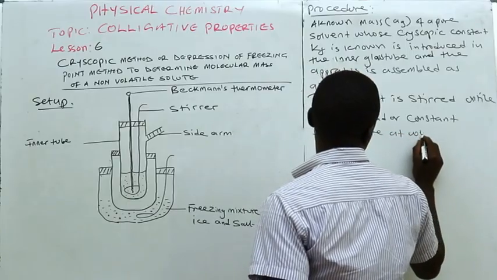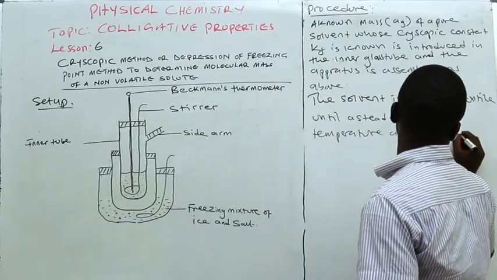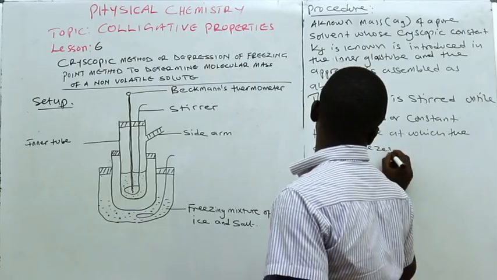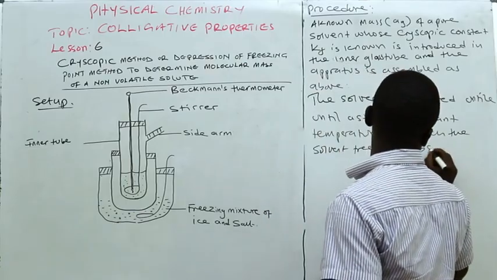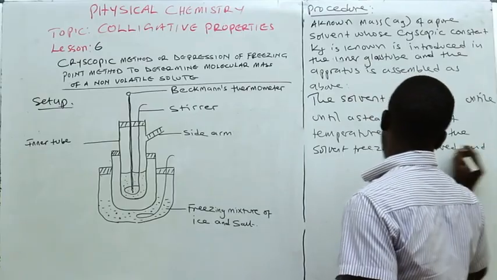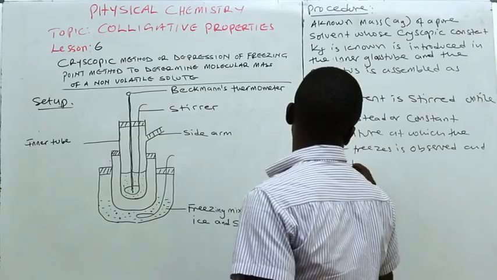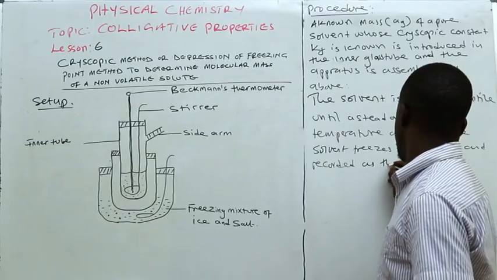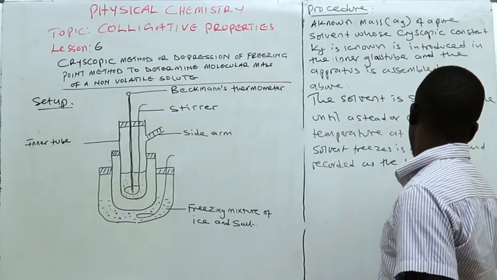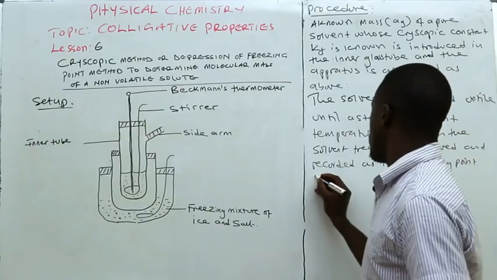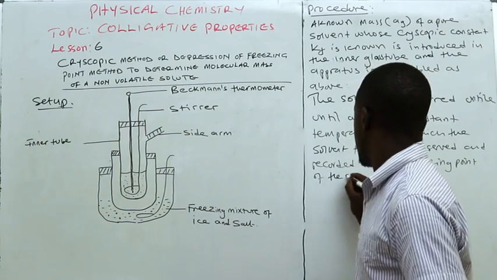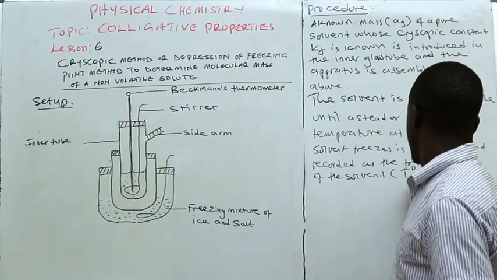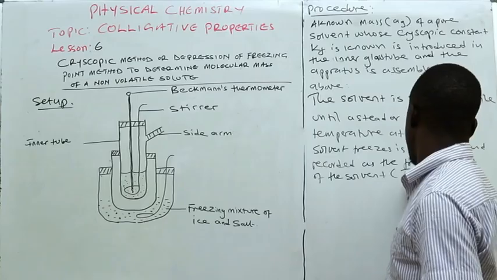The temperature at which the solvent freezes is observed and recorded as the freezing point of the solvent, and that would be maybe T naught, in degrees Celsius.